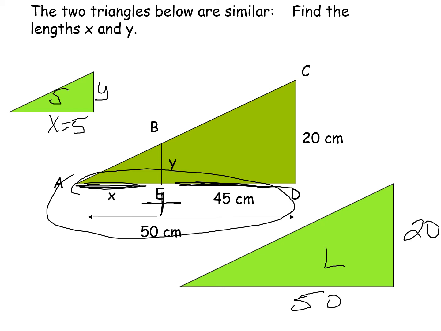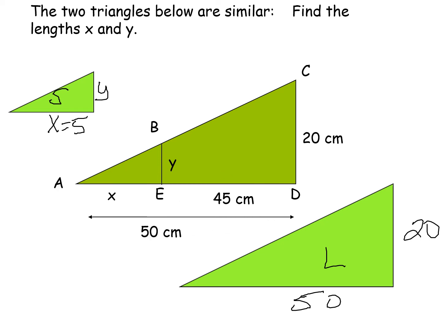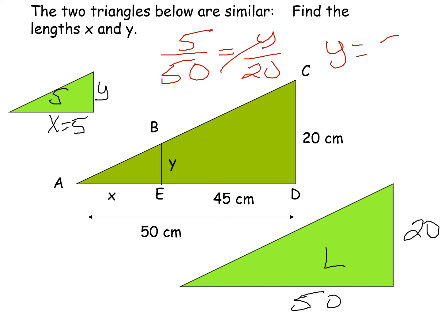Easy, right? So then, what about Y? If we got 5 down here at the bottom, 5 from the small goes with 50 from the large, equal to another set. Y from the small goes with 20 from the large. I bet some of you can already do this in your head, but if not, cross multiply. And you end up with Y equal to 2.